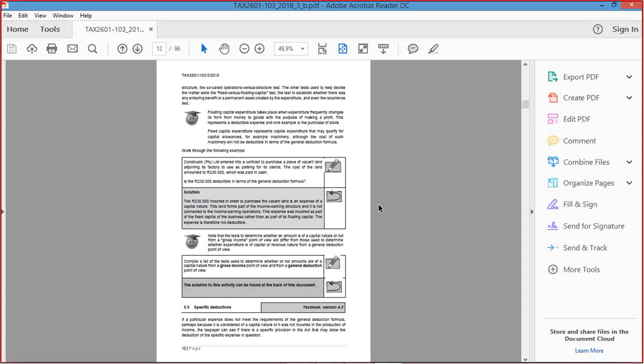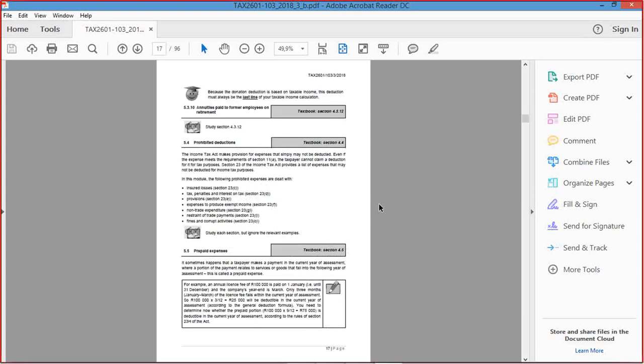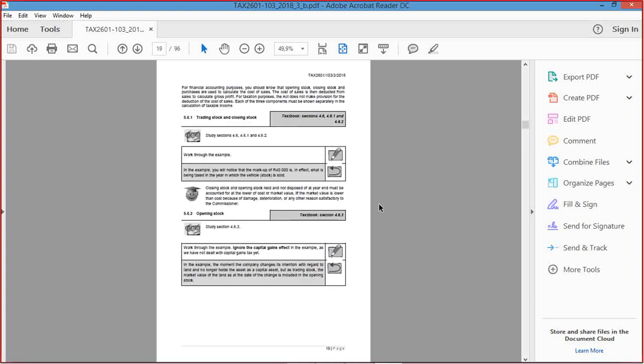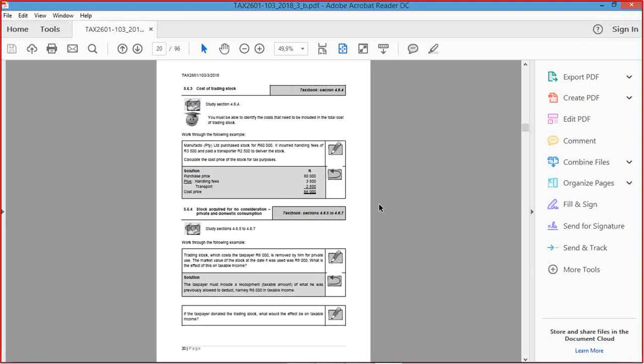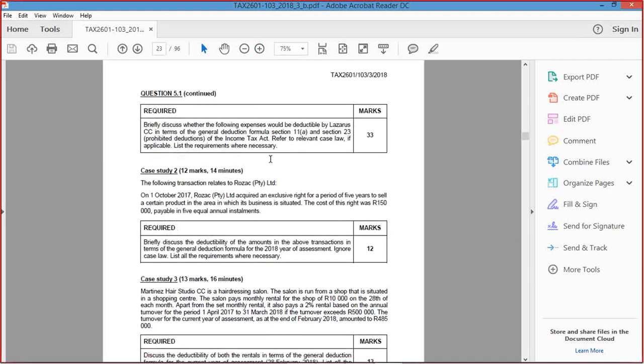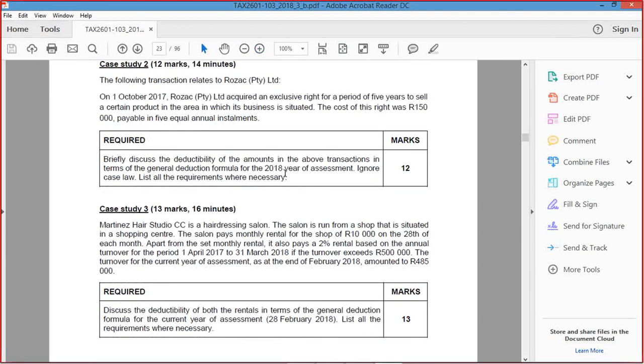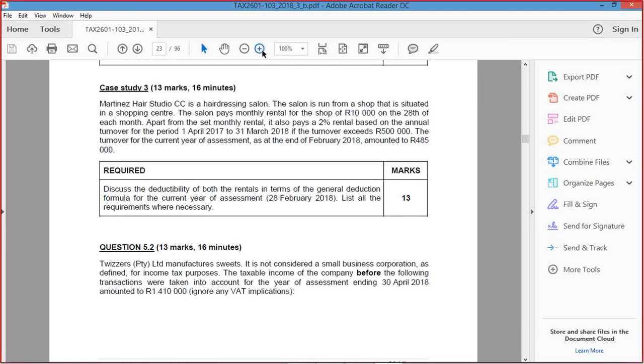It might have been in the practice activity. Yeah, prepaid expenses. That's fine. Where are the practice activities now? Oh, there we go. Here's a good one. Case study 3. Okay, let's discuss this one.